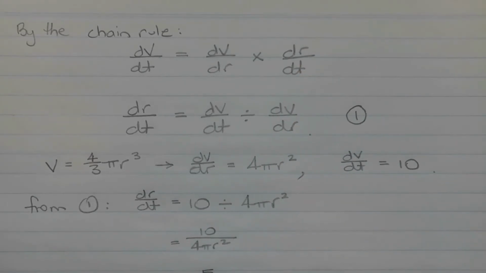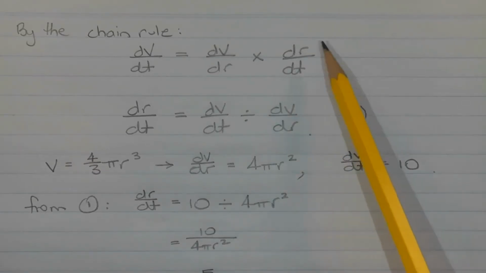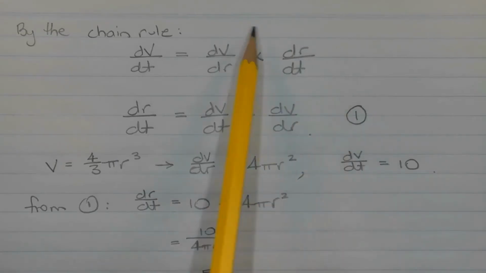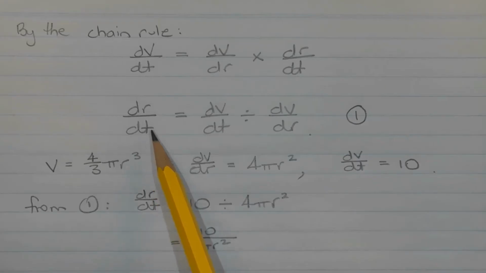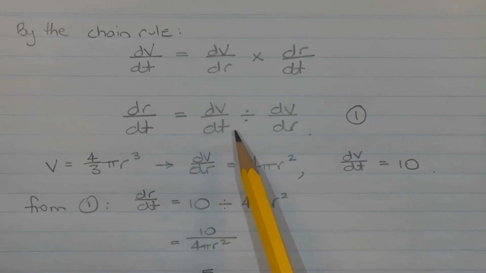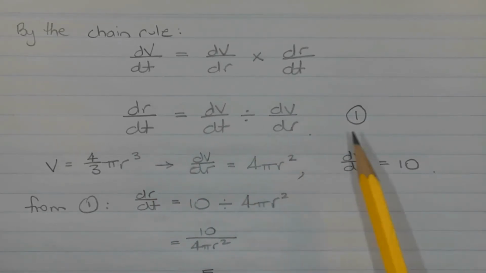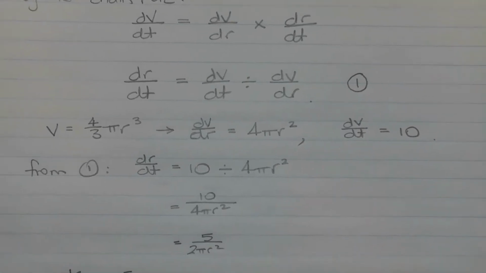Now the question is asking us to show that dr dt is 5 over 2 pi r squared. So we can rearrange this equation to make dr dt the subject, by taking dV dt and dividing it by dV dr. So dr dt is equal to dV dt divided by dV dr. We'll call this equation number 1.